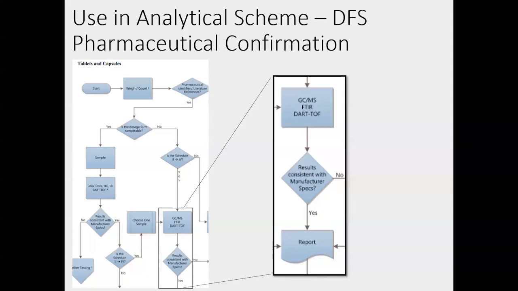We then have several options for structural elucidation to confirm that is actually what it is. DART-TOF is one of our options, so we can use GCMS, FTIR, or DART-TOF. If those results are consistent with what the manufacturer is indicating based on the markings, then we can consider that a confirmation and go ahead and report. If it's not consistent, then obviously we have to go forward with a more full analysis.